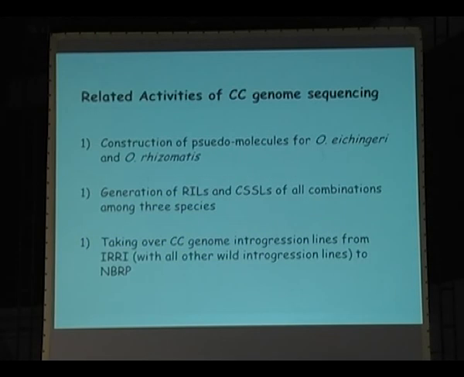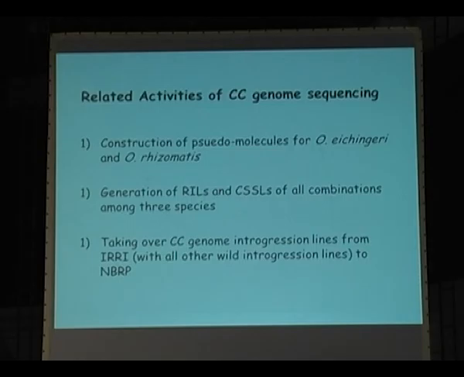Related to our activities, we are simultaneously proceeding with 3 other activities. The first is the construction of pseudomolecules for eichingeri and rhizomatis. The next is generation of RILs, recombinant inbred lines, or chromosome substitution lines for all combinations among the 3 species.